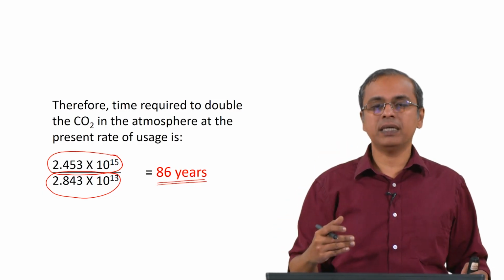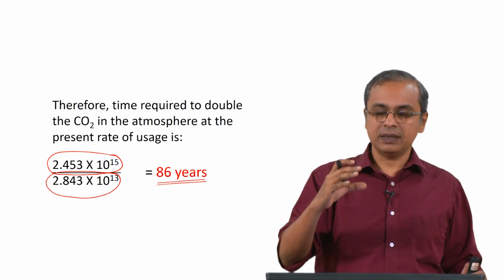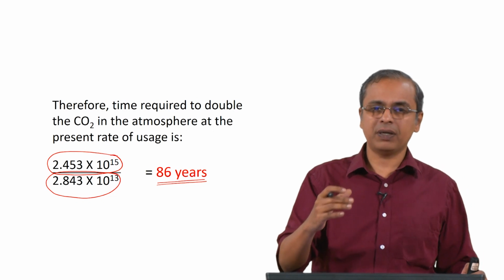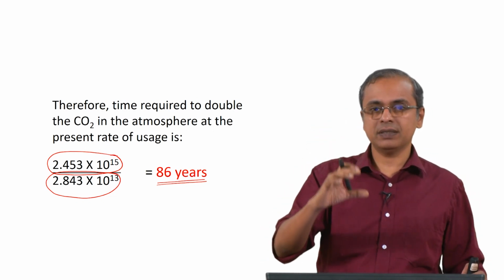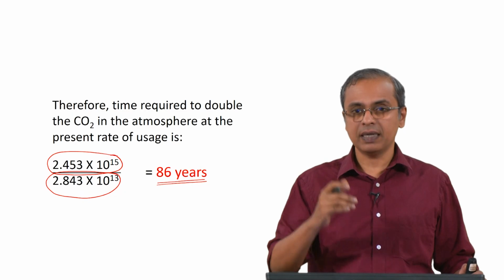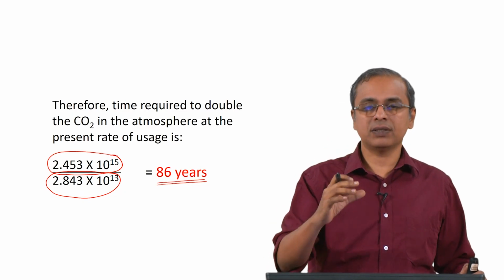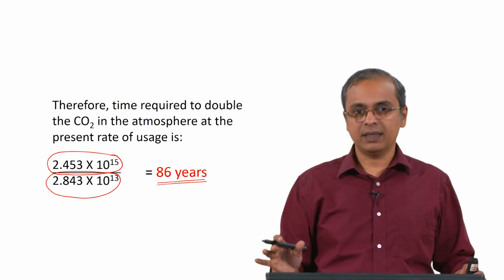Relatively, in the grand scheme of things, even our presence is not a very large fraction of time, but even with respect to our existence alone, 86 years is nothing.